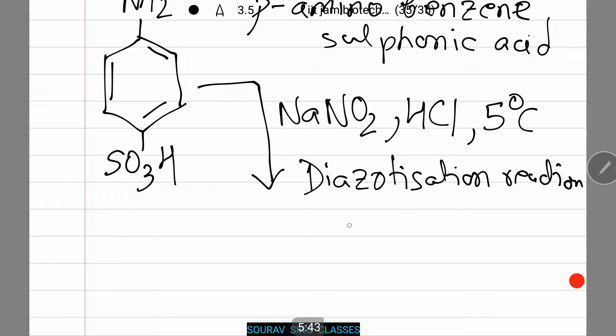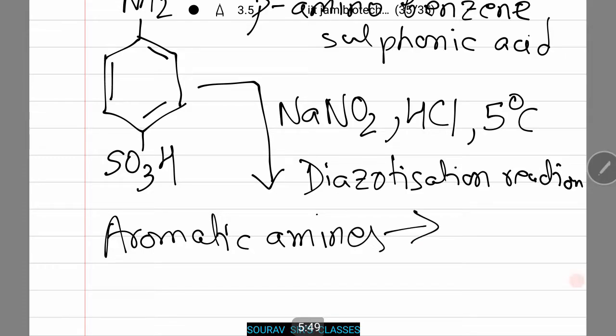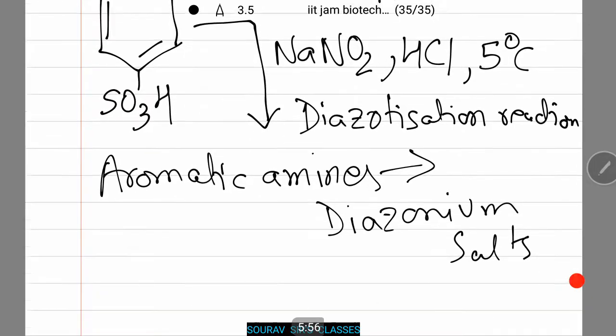Diazotization is a process by which aromatic amines are converted to diazonium salts. Let's see what the reaction will be.